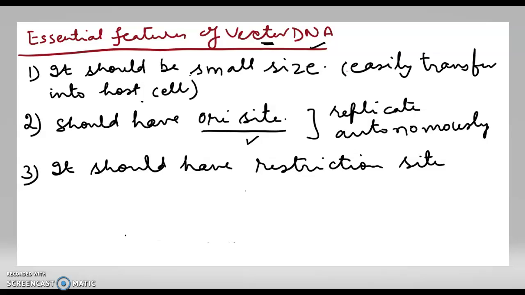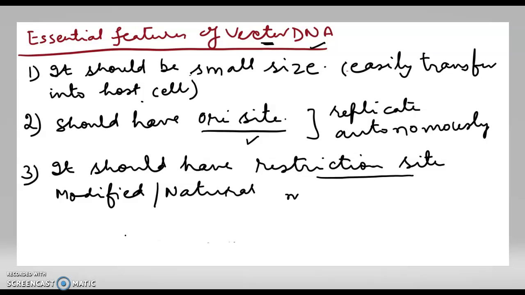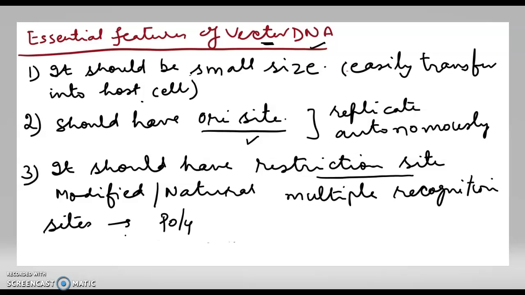So every vector should have at least one restriction site. But these days we have modified vectors and some natural vectors which have multiple cloning sites, multiple recognition sites. Such sites are also known as polylinkers.